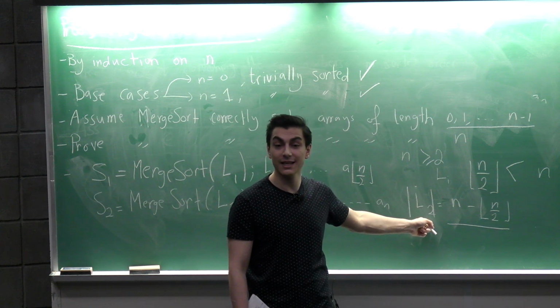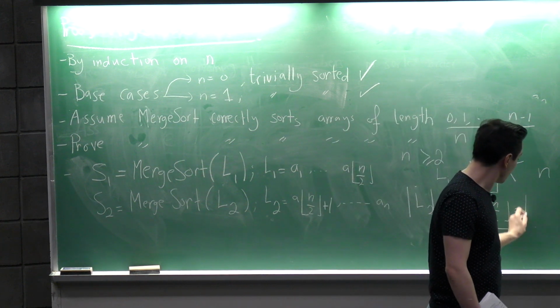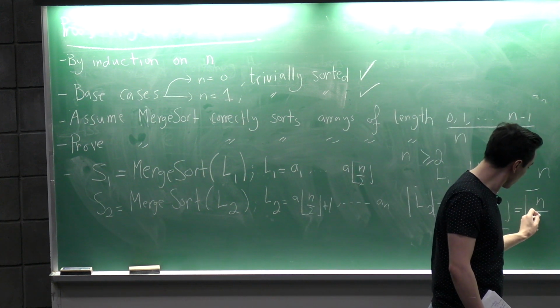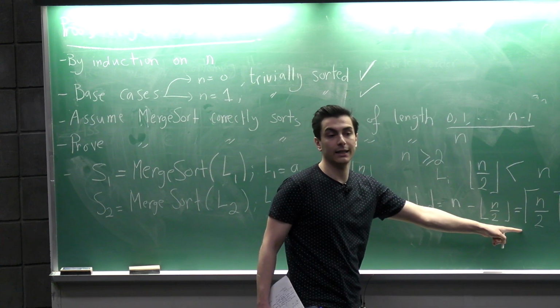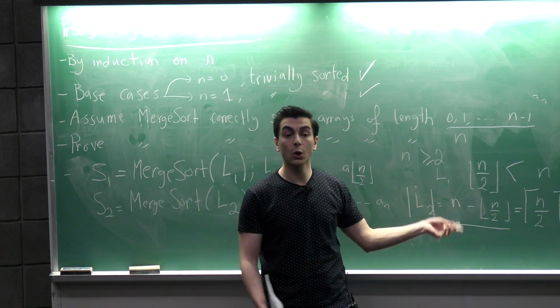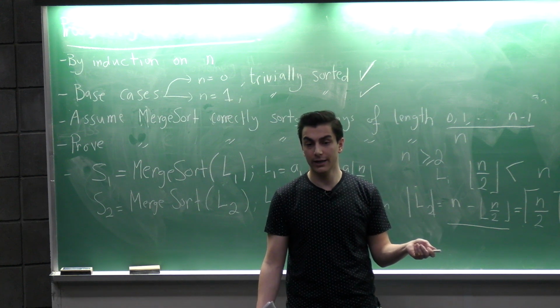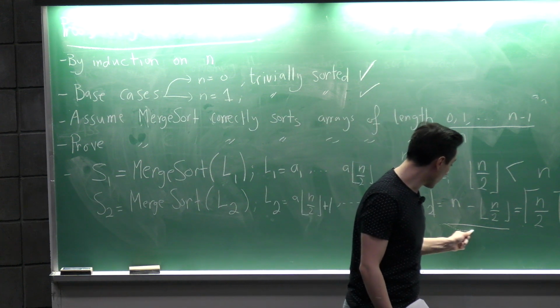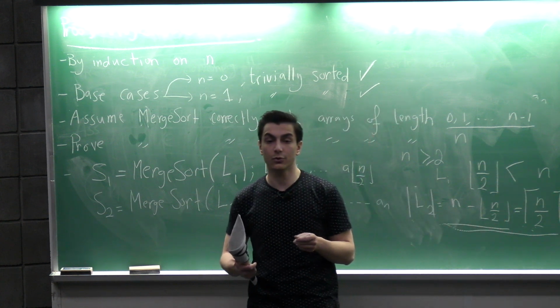The length of a list has to be one. So we use the ceiling function. So this is called floor, and this is called ceiling. They just round. The floor function will always round down, and the ceiling function will round up. Right? So, is this clear why the length of L2 is going to be the ceiling of n over 2?